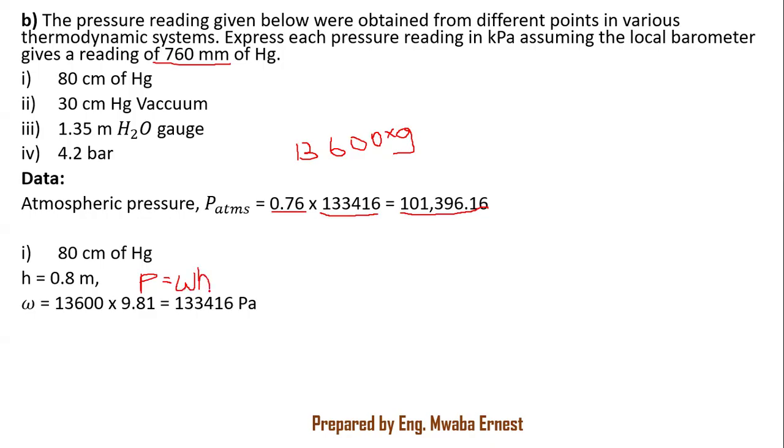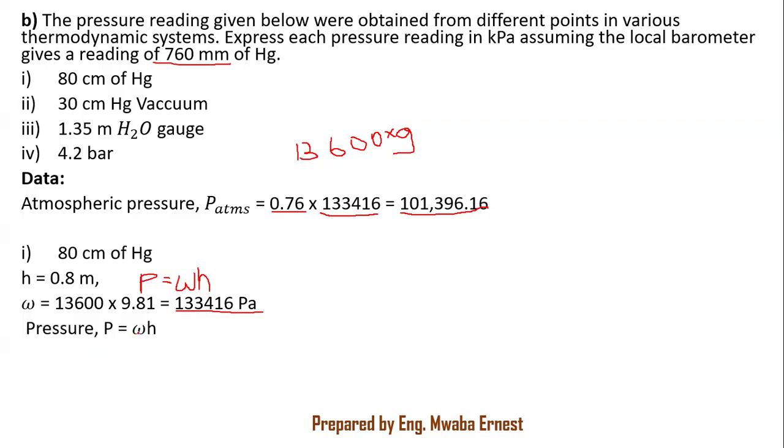That's what we're going to be referring to. We're dealing with mercury, so this value comes from density of mercury times acceleration due to gravity. So we get 133,416 newtons per square meter, 133,416 pascals.